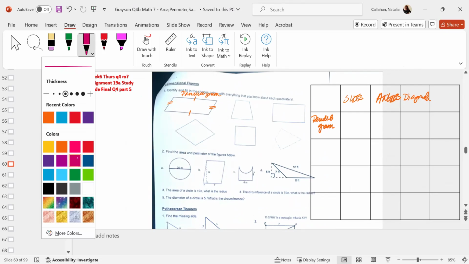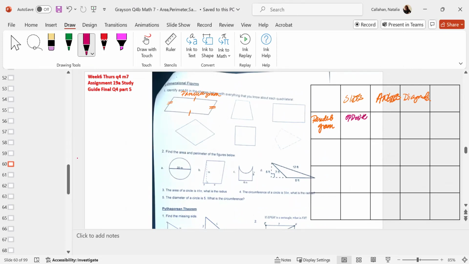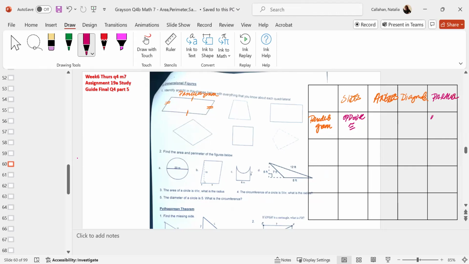Sides. Opposite sides are parallel, yes? And the other pair is parallel. Write this down. Opposite sides are parallel. And also, notate it. Grab a pen, notate that.